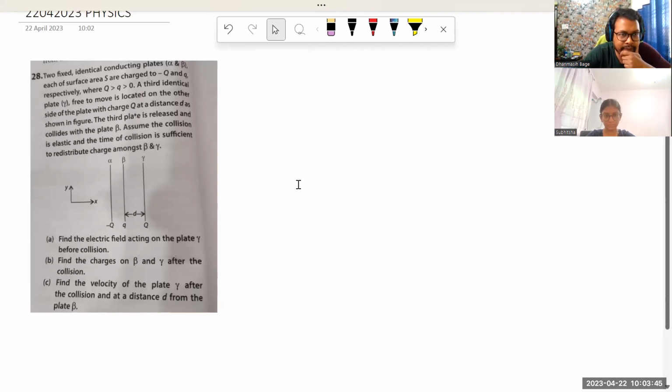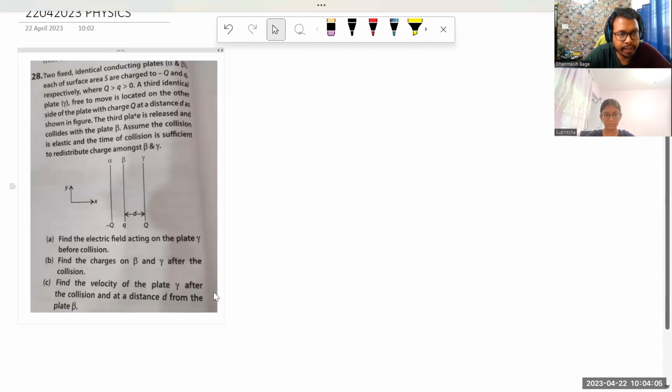A and B is easy, but find A is easy, but B and C is very complicated. Find the charges on beta and gamma. B is also easy.